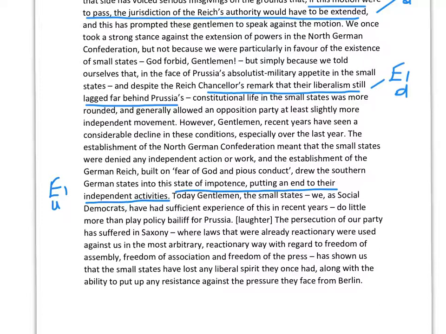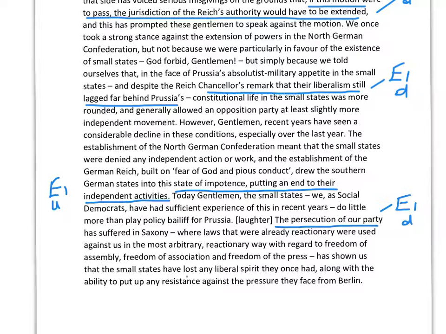Then you've got a line here, the persecution of our party, in other words, the persecution of the Socialist Party. You can use that either way, I suppose, but that again is inquiry 1 because it's evidence of socialist opposition to the attempt by Bismarck to impose unity on Germany, which, by the fact that they're doing that, implies that there is division.